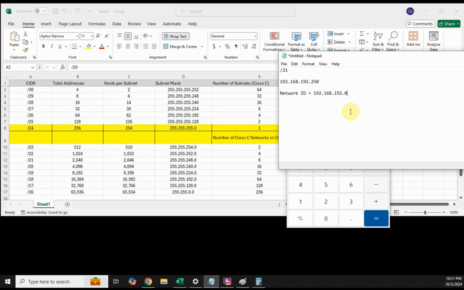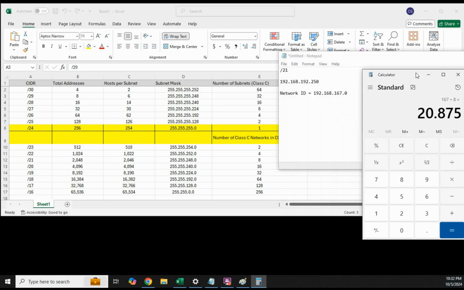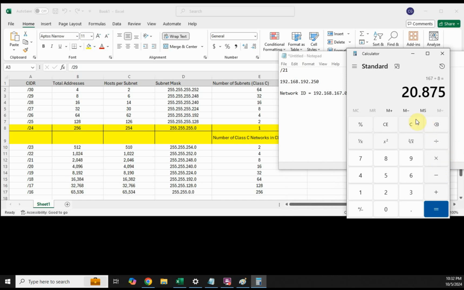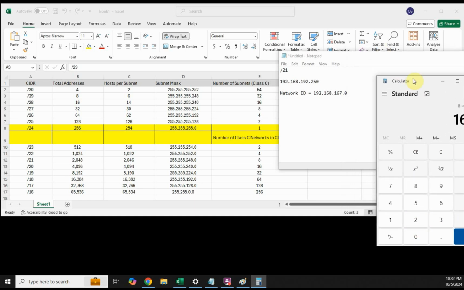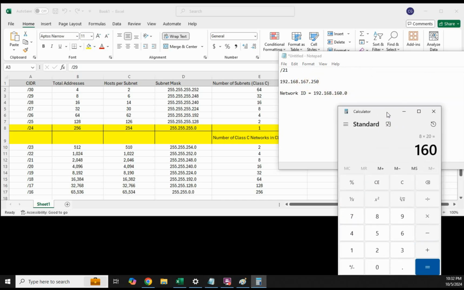If we change this to, let's say, 167, 167 divided by 8 is 20.8, so we'll clear that. 8 times 20 is going to give us 160. So the network address on this, oops, this should have been 167 up here, is going to be 160. It's just that easy.